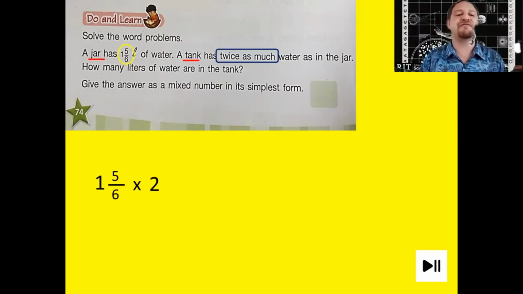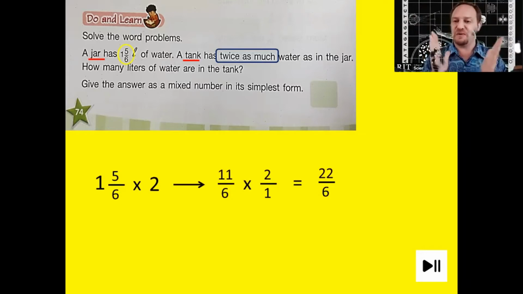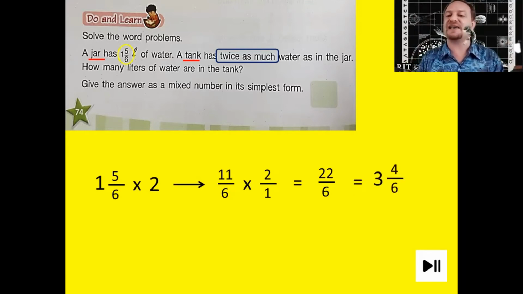Okay, so that's 1 5/6 multiplied by 2 would give us 11/6 times 2/1, which would give us 22/6. Okay, 22 divided by 6 gives us 3, remainder 4/6. And we can simplify that further to 3 and 2/3.